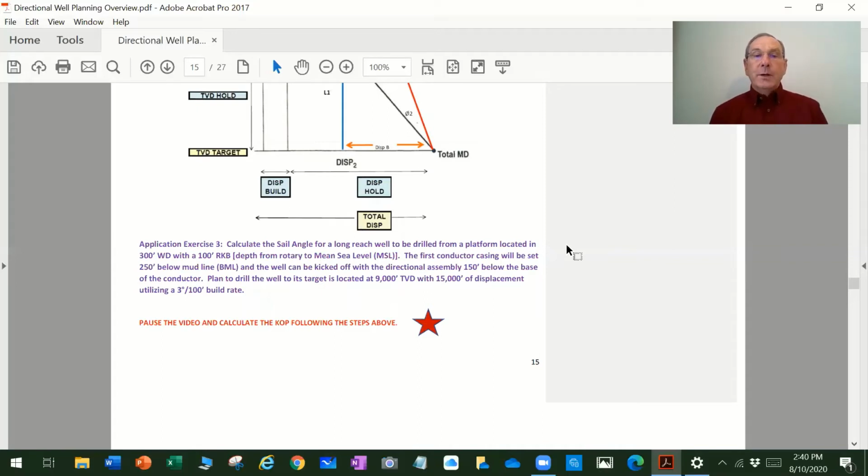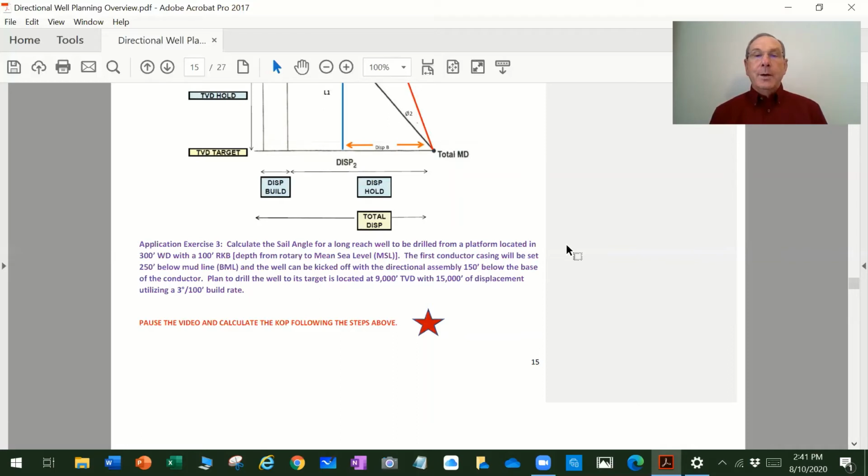The first conductor will be set 250 feet below the mud line, and the well can be kicked off with the directional assembly 150 feet below the base of the conductor. Plan to drill the well to its target located at 9,000 foot TVD with 15,000 feet of displacement, utilizing a 3 degree per 100 feet build rate.